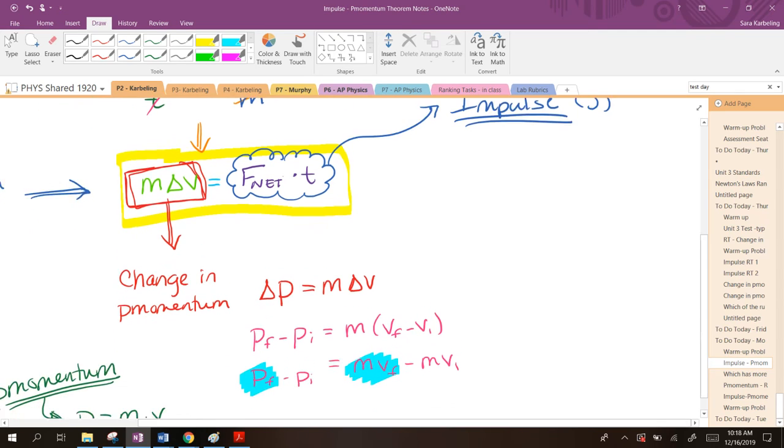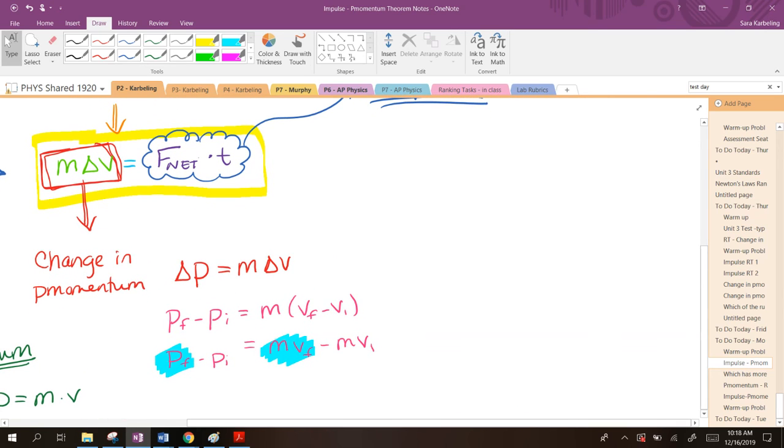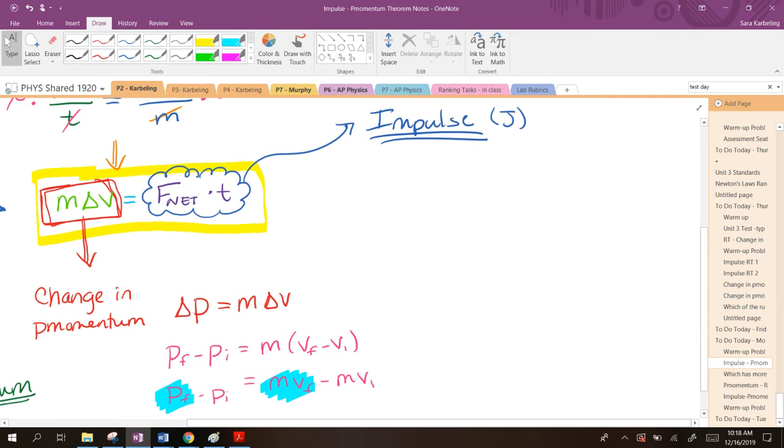So the game here is that in order to change the momentum of something, you have to apply a force, right? If we're going to change the velocity of an object with mass, we have to apply a force. We know that that's true. But the reason that we care about this is that change can happen in lots of different ways, okay?